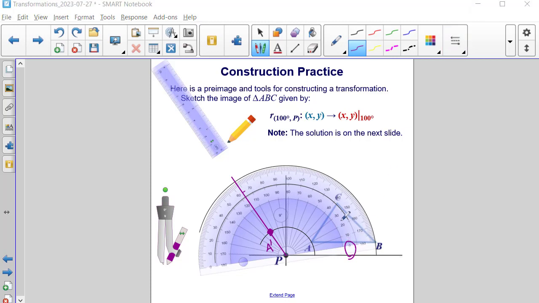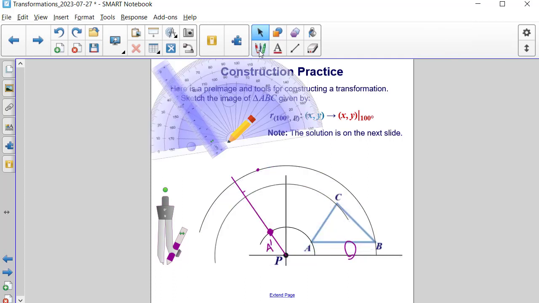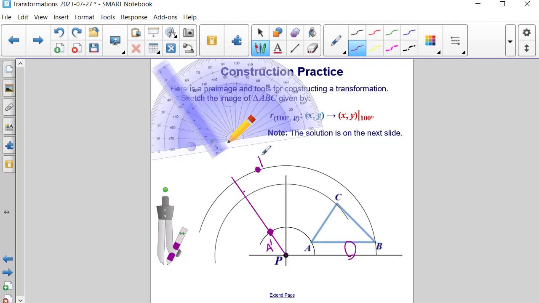And now let's look for 100 degrees. It coincides right here. So then if I go out to the edge, here's where point B is going to be. And since our protractor put this point right at the arc for point B, we don't have to draw a straight line through it like we did for point A. So then we can label this new point that we just made as B prime.